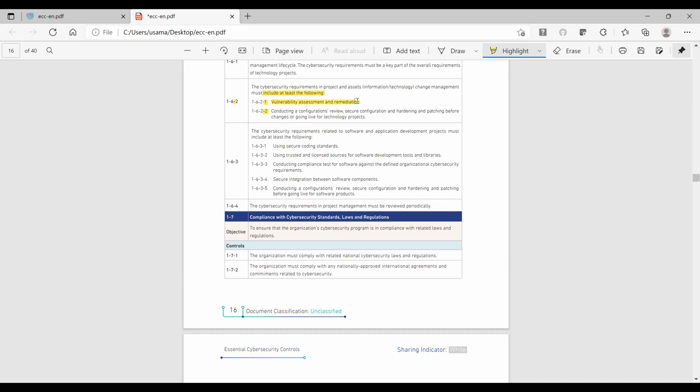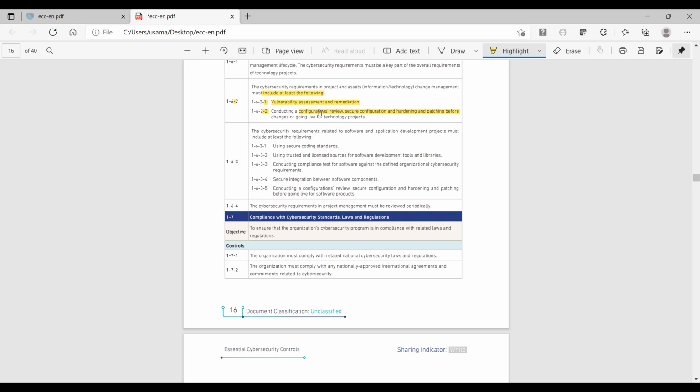Vulnerability management, where you have to find vulnerabilities and remediate them, and conducting configuration review, securing and hardening, and patching for the changes. This is what you can see as patch management. For these projects, you have to make sure that you have vulnerability management and patch management.